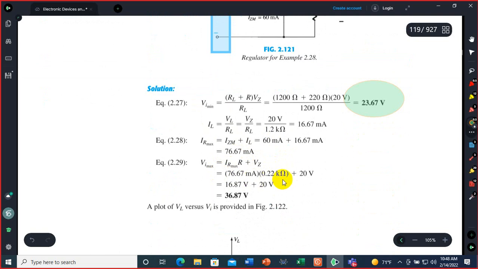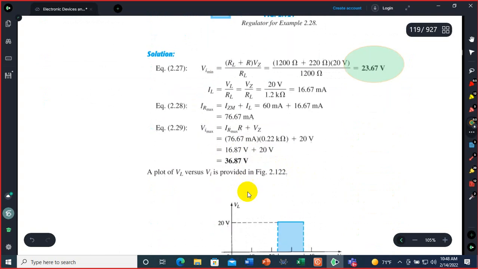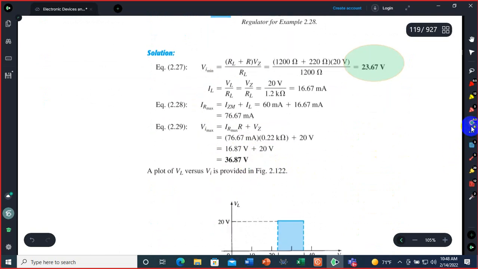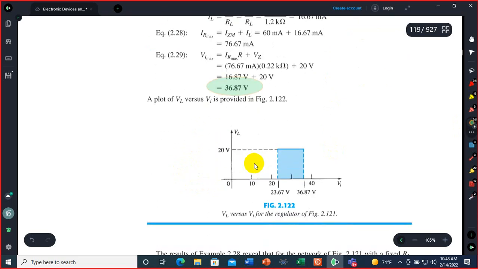If you do the calculation, we get the maximum voltage that you can allow, VI max. So the minimum voltage for the source is 23.67 volt, and the maximum source voltage you can allow is 36.87 volt.